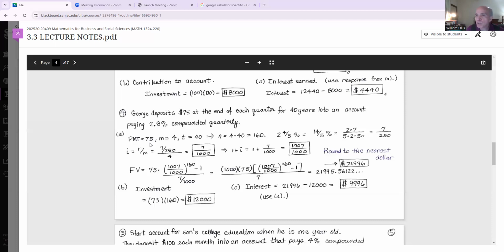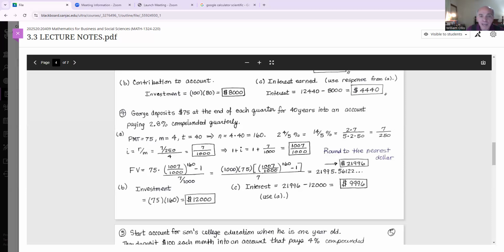And I've said before, you don't always have to write in the units, the dollar signs or whatever. We know that the measurement of time is via years. So if you want to save a little bit of writing, you can do that. I won't consider that to be an issue. Sometimes I will do it and sometimes I don't, but I'm not trying to be sloppy. I'm just basically focusing on the arithmetic and making sure if we need to change units, we definitely will do that and make sure that everything's consistent.